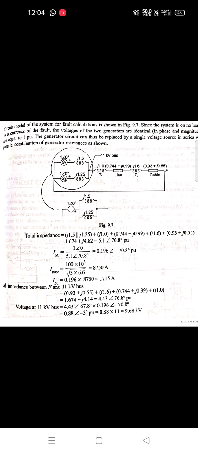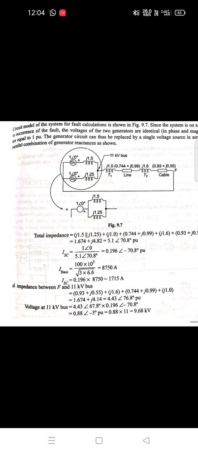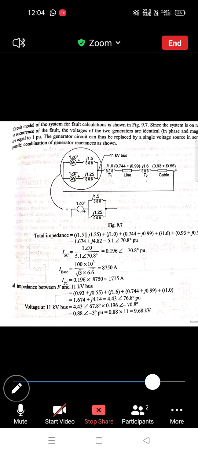Now we also want the voltage at the 11 kV bus. Whatever the impedance between this 11 kV bus and the fault, we add up that impedance, and it gives us the voltage.